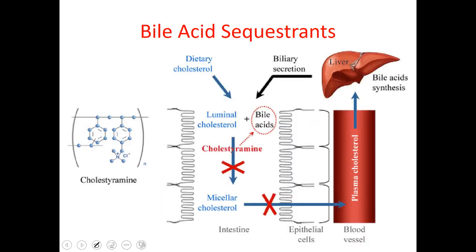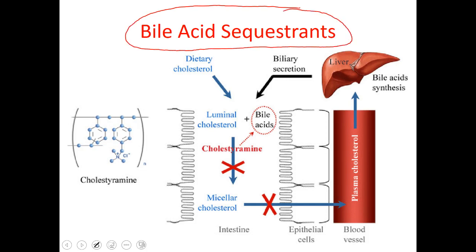Moving to the next drug class, which is bile acid sequestrants. Some textbooks do say bile acid resins. It does not matter, both are referring to the same class of drugs.